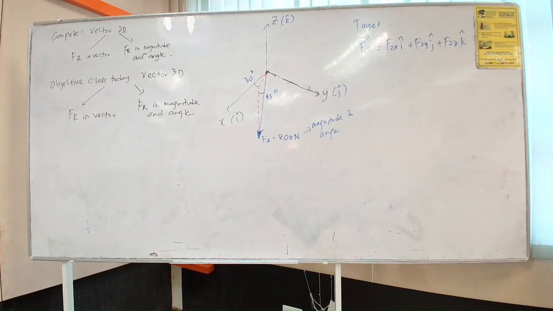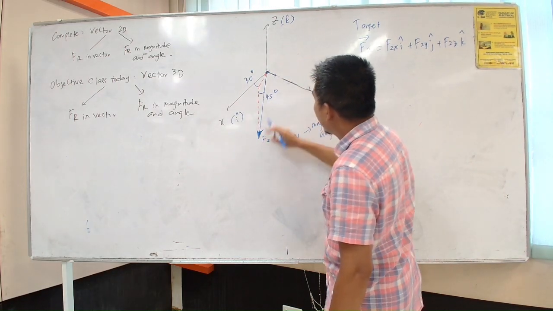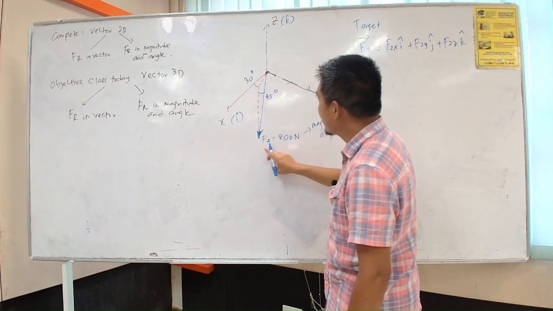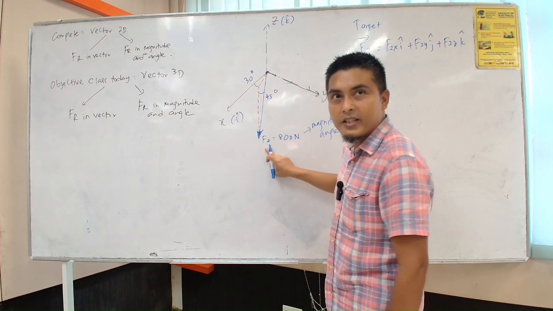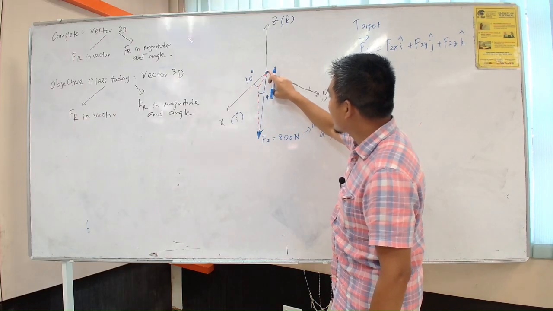But now we don't know whether it is positive or negative. We're not sure about it. Okay, so now, from origin to F2, what is the direction from origin to F2?